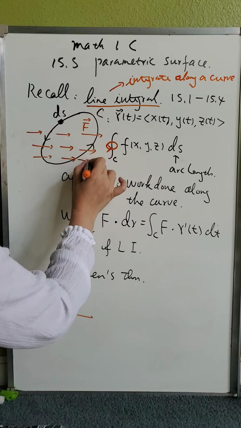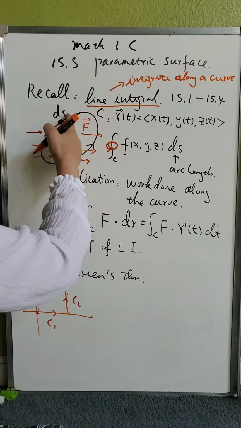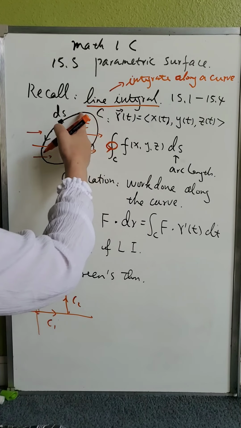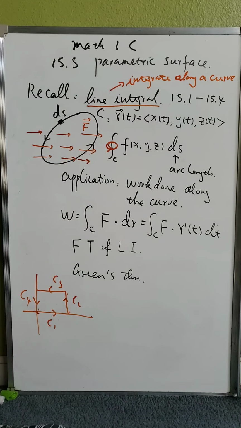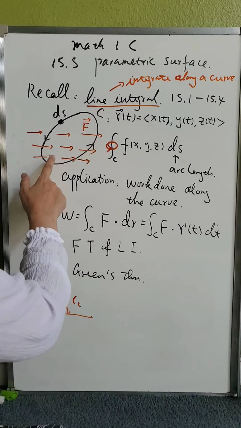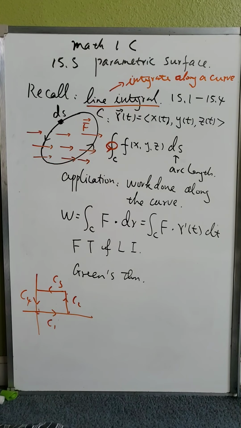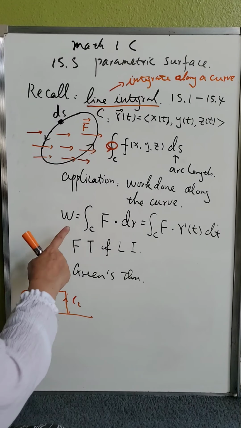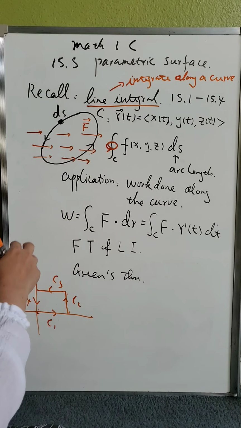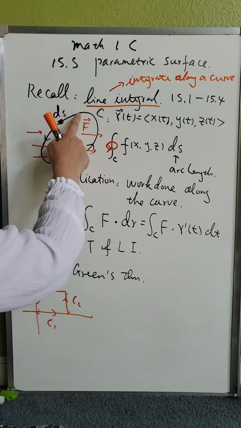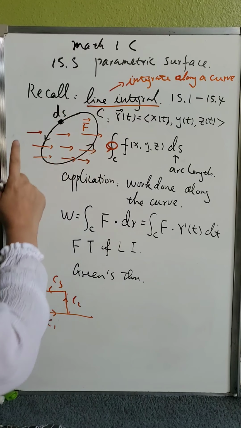And if you want to find out how much electricity is going through this curve, that is a line integral, okay? That's what line integral is used for in application. So anything flows, any circulation going around the edge, okay?